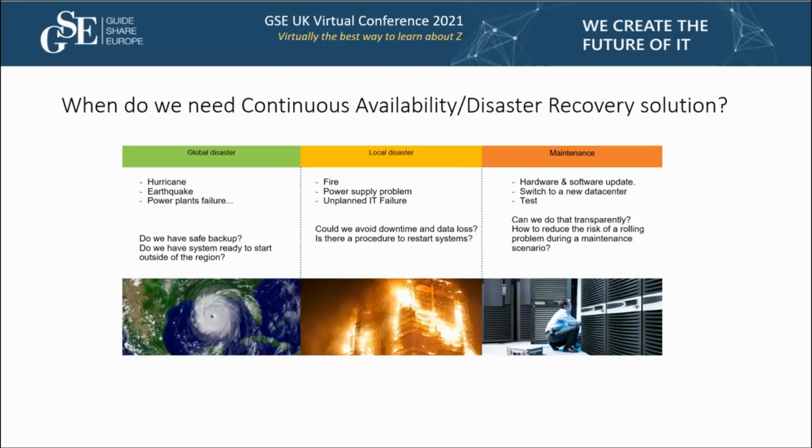In the case of a global disaster striking and affecting a large area, it's important to be prepared and make sure you have a safe and consistent copy of data, and also have procedures and an infrastructure ready to be able to restart the production as soon and as safely as possible.